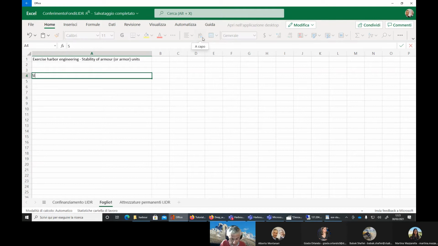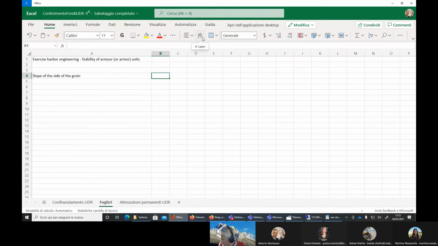So the slope of the side of the groin is 30 degrees. It's much better if we also express it in radians.